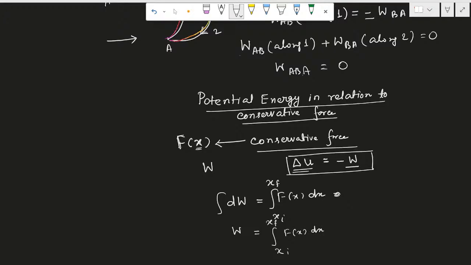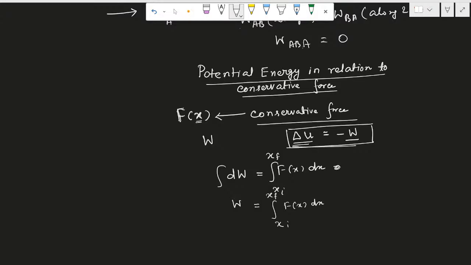But from the work done by the conservative force, we know delta U is equal to minus of this work done. So minus the integral from x initial to x final of Fx dx.